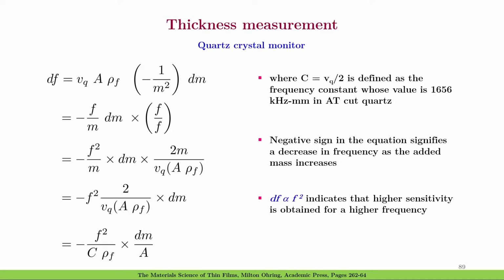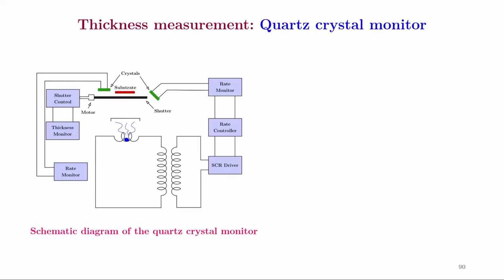We see that df is directly proportional to f square. This indicates that higher sensitivity can be obtained for higher frequency. This figure shows the instrumentation of a quartz crystal monitor.